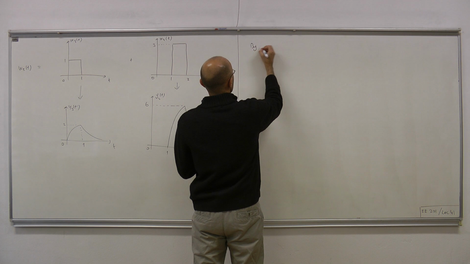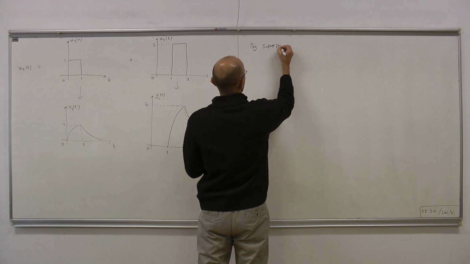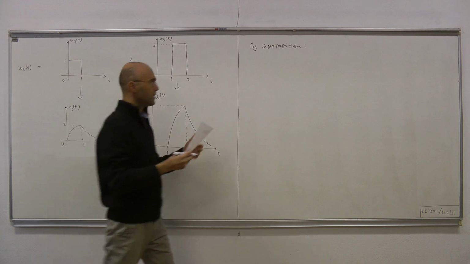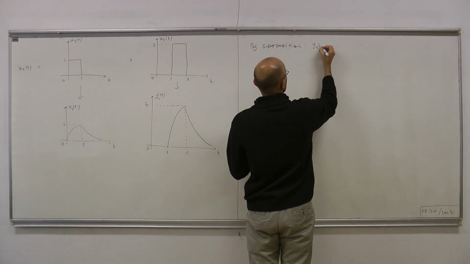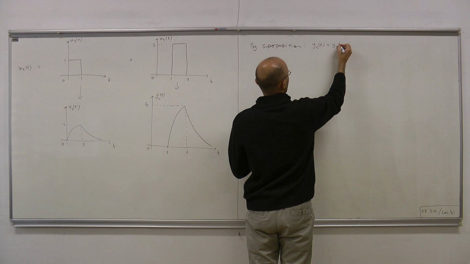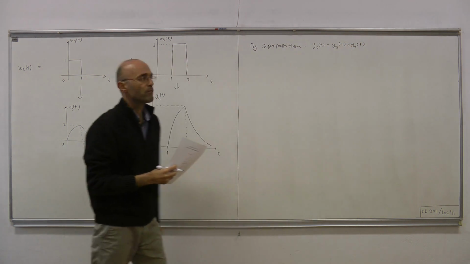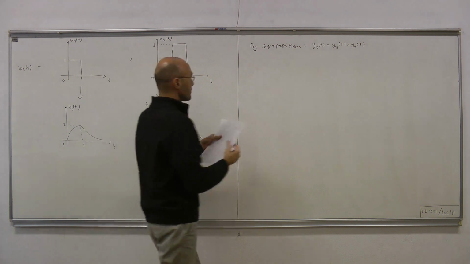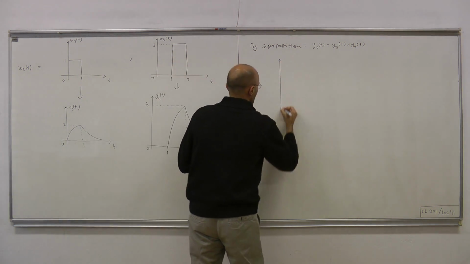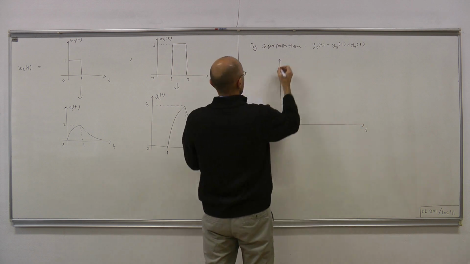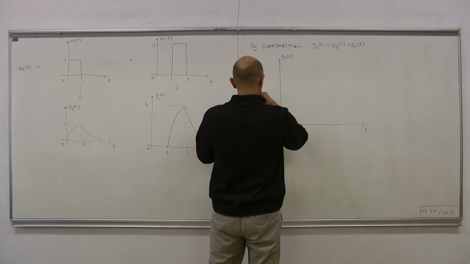By superposition, we can write Y2 of t equals Y3 of t plus Y4 of t. This is Y2 of t.